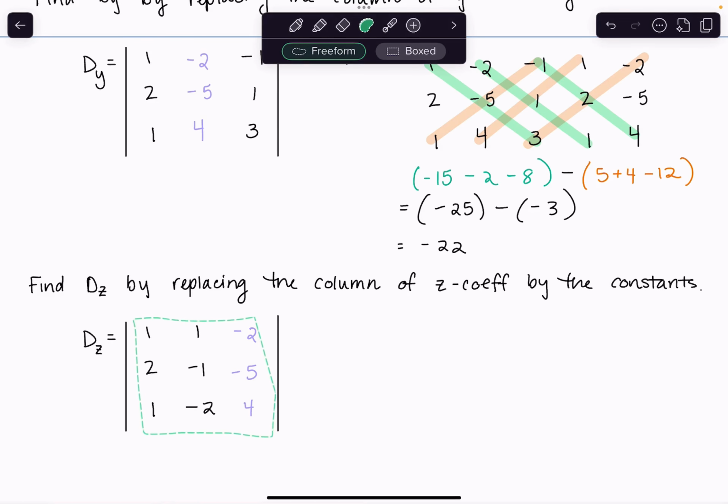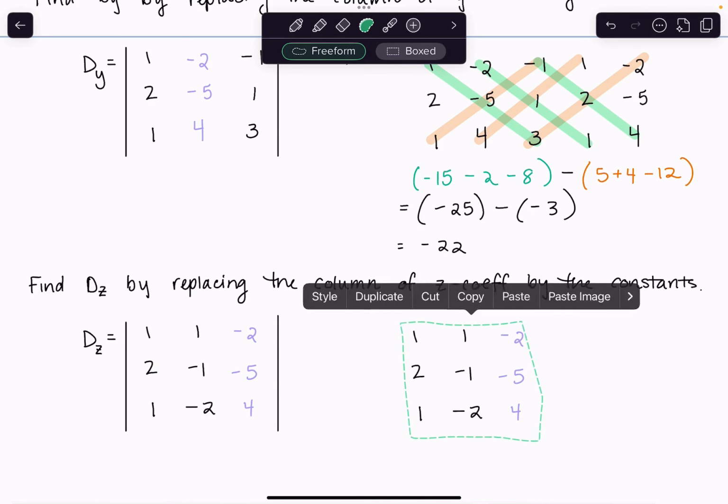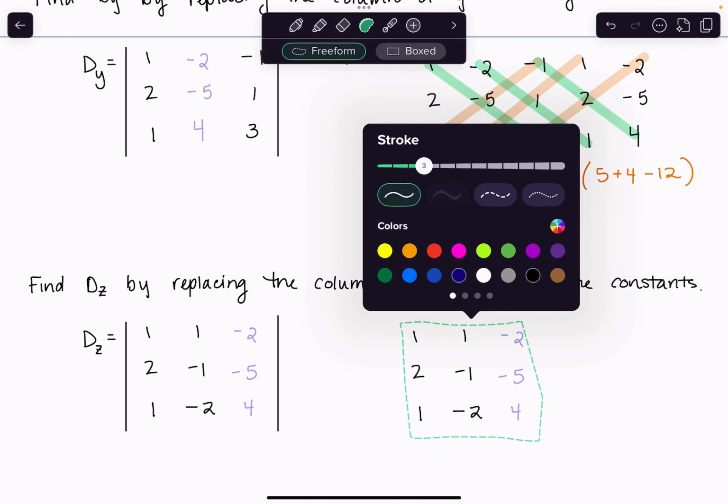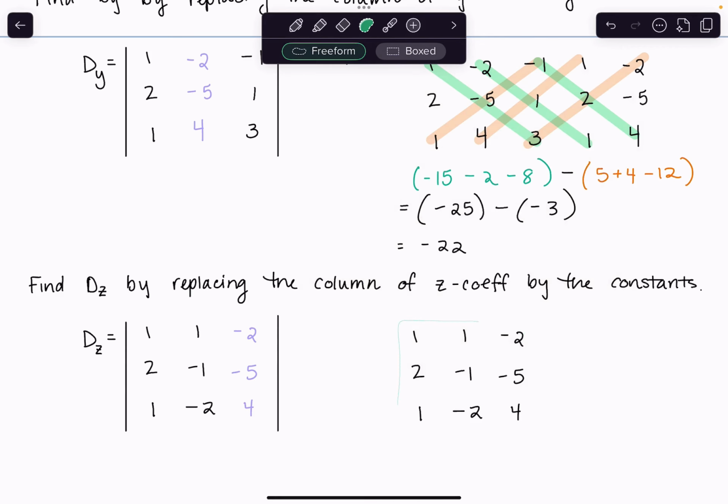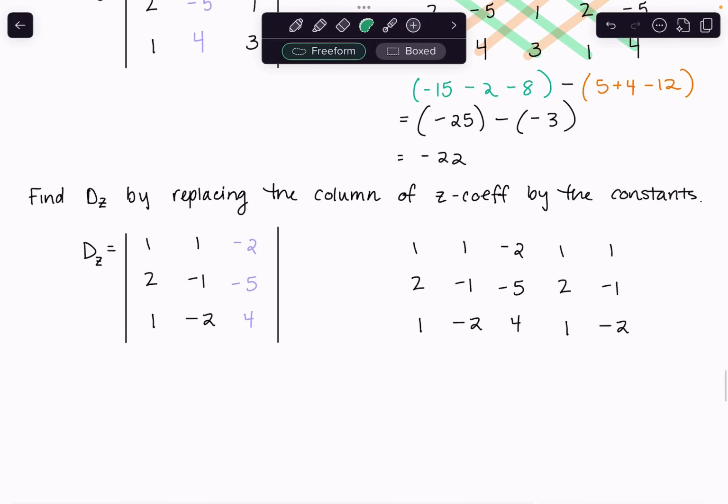And then to find this determinant, again, copy everything down, recopy the first 2 columns. Okay. So now we go ahead and multiply. So that's going to give us -4, -5, and then that will be +8.